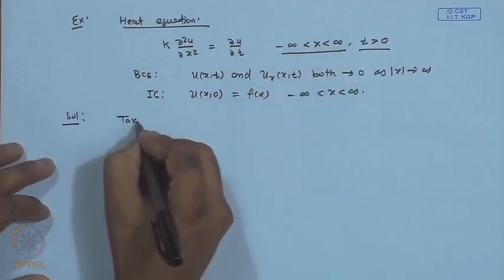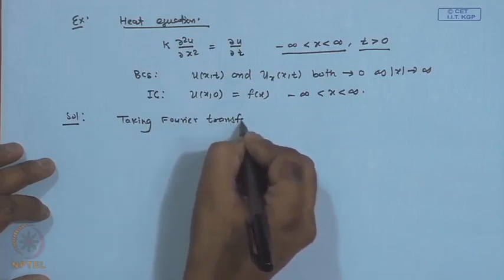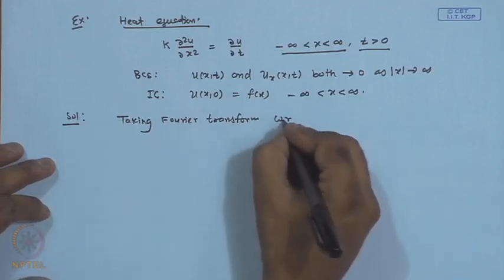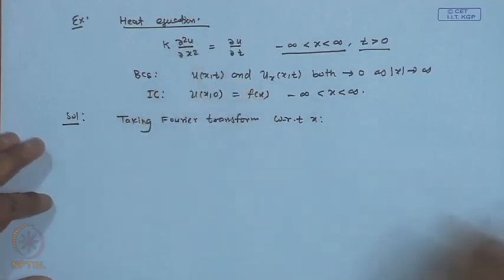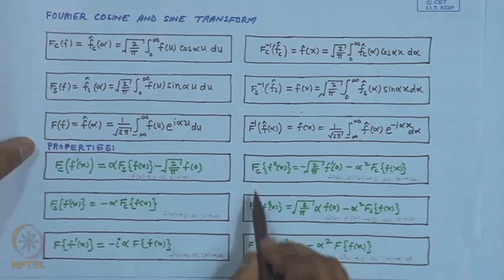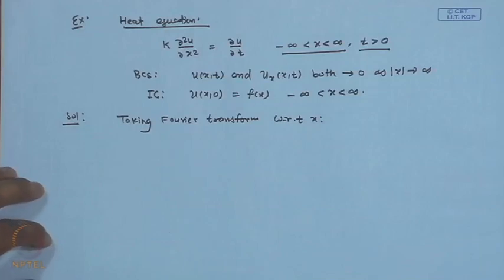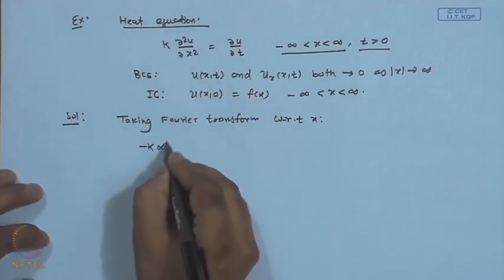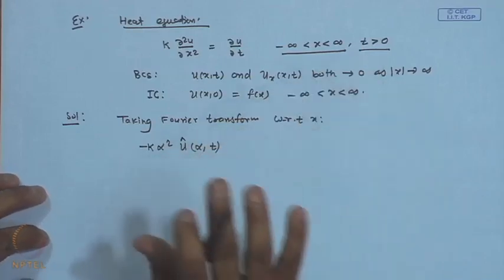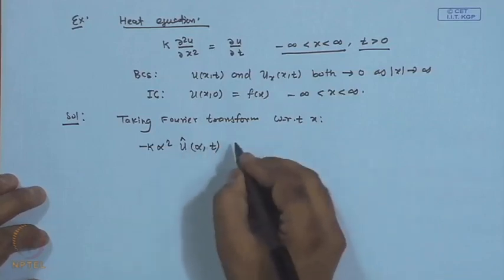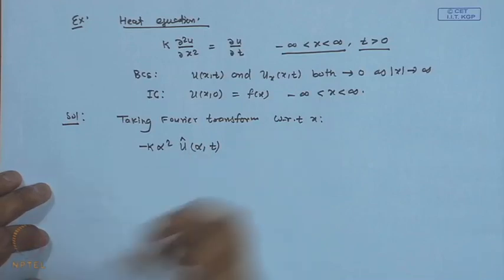So, now taking the Fourier transform with respect to x, we get a double derivative, and if we look at the table, the Fourier transform of the double derivative is minus alpha square times the Fourier transform of f(x). So, we have minus k alpha square, and t will remain as it is, because we have taken the transform with respect to x, so x is replaced by alpha.